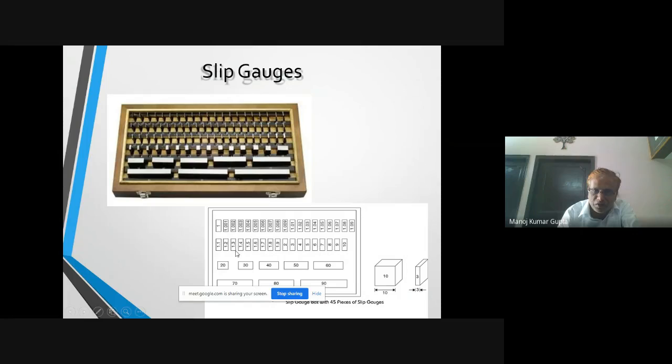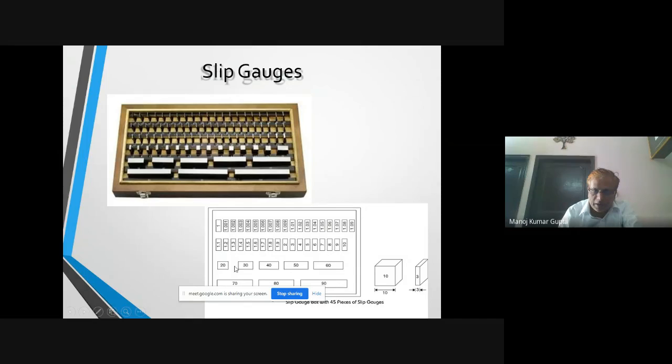These are the various rectangular blocks, and look, after 1 it is 1.001 and 1.01, and it is 1.1, 1.2, 2, 3, 10, 20, 30, 40, 50, 60, 70, 80, 90. So various types of blocks are there. We can do the exact measurement with the help of these slip gauges.